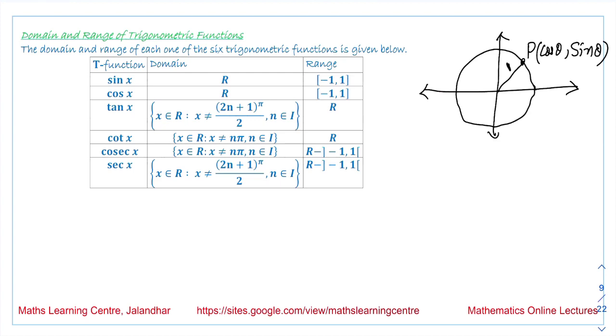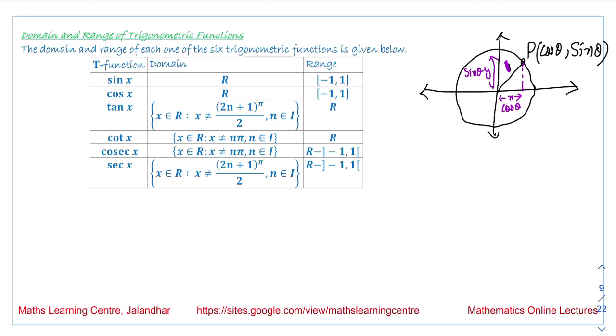It is clear from the definition that the radius of this circle is 1. This length x is equal to cos theta, and this length y is equal to sin theta.